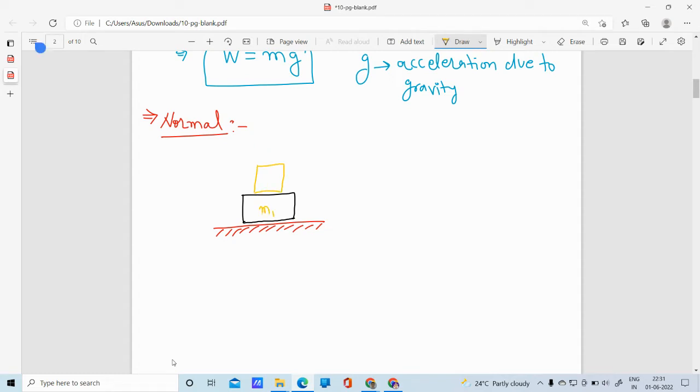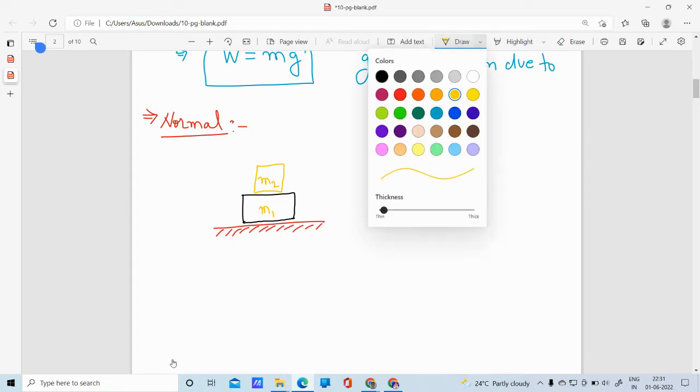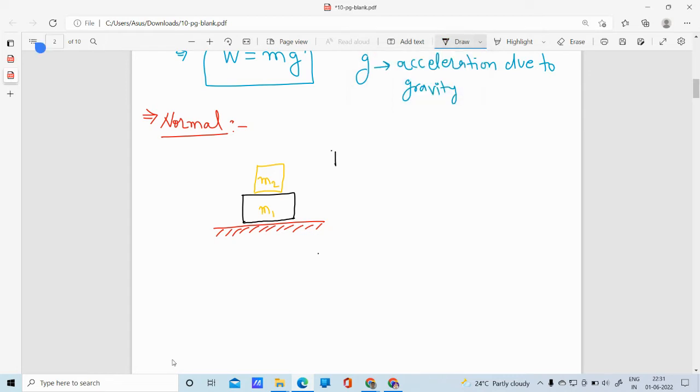Suppose this is mass m1 and this is mass m2. So how do we make the FBD? What is FBD? FBD is a free body diagram.